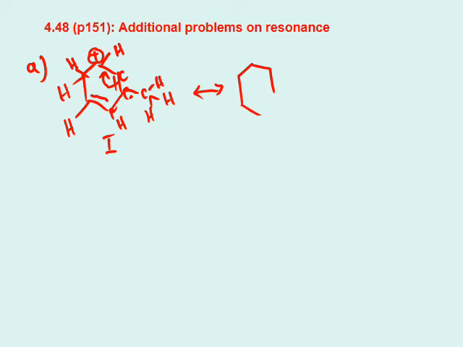Again, I'm drawing a 6-membered ring, this time without the hydrogens, or only the minimum number of hydrogens so that it doesn't look messy. So I'm going to write down hydrogen here. My double bond is in a new position.